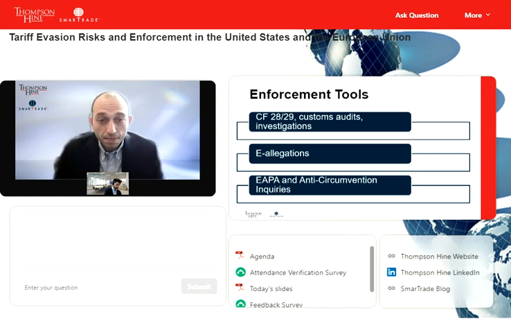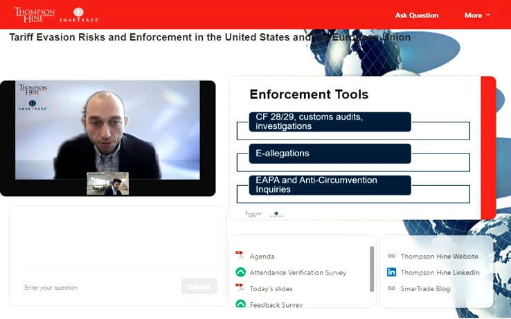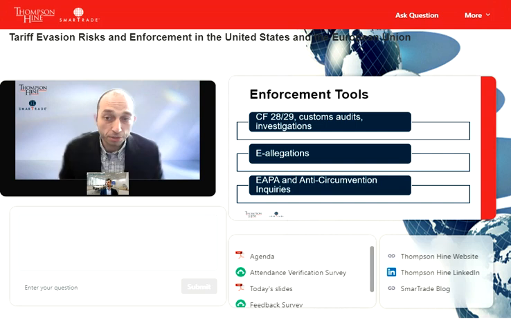CBP can issue CF-28s, Customs Forms 28s or 29s. 28s refer to requests for information from an importer regarding specific entries to identify or confirm whether the importer at issue is committing a trade violation. And 29s represent notices of action. And obviously, CBP can conduct customs audits or investigations to identify and address possible trade violations.